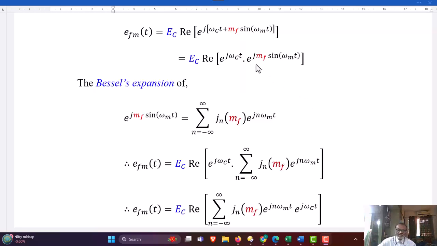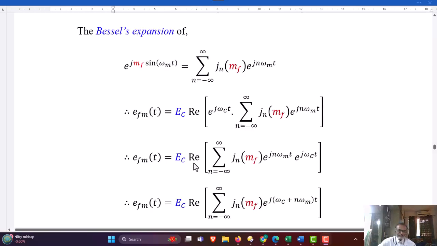See here, the e^(j mf sin ωmt) expansion is just substituted in the expression.